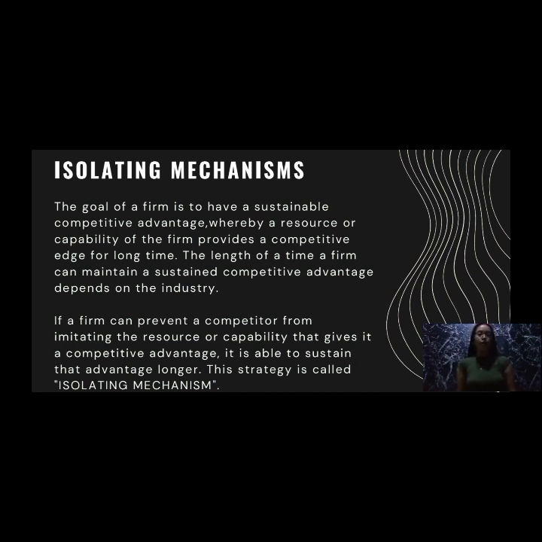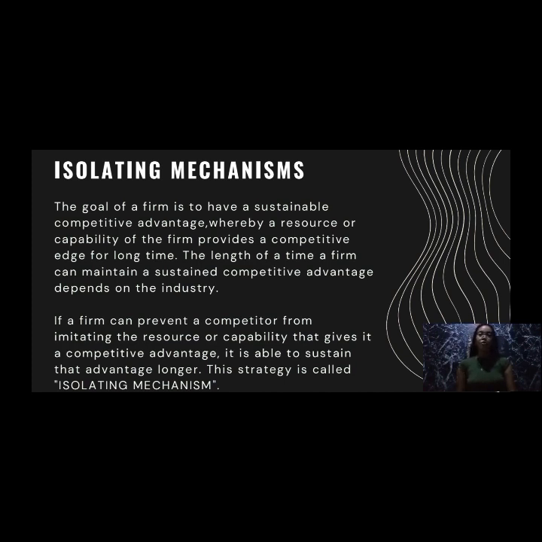If a firm can prevent a competitor from imitating a resource or capability that gives it a competitive advantage, it is able to sustain that advantage longer. This is a strategy called isolating mechanism. A patent, for example, is a legal way to prevent imitation.